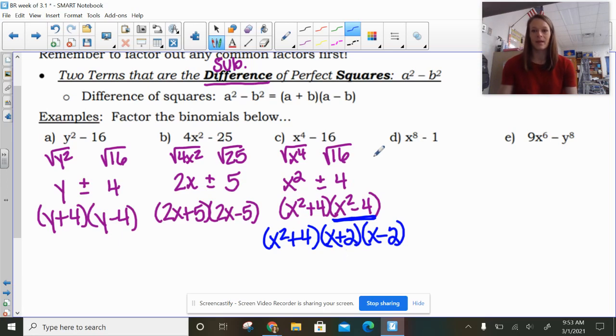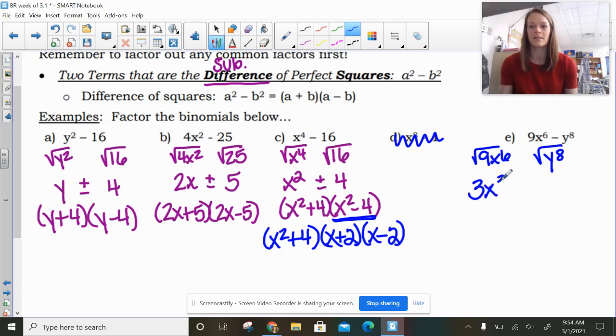And then this one will factor, but I'm going to skip over to this one and do it real quick. We just won't worry about this one right now. So the first thing I'm going to do is the square root of 9x to the 6th and the square root of y to the 8th. The square root of 9 is 3, and half of 6 is x to the 3rd.